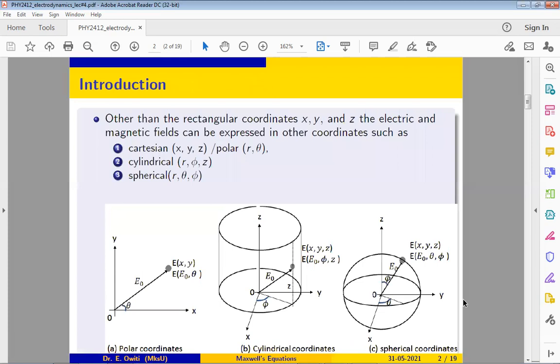So first, like we've said, other than the Cartesian coordinates, we have other coordinate systems which can be used in calculations involving Maxwell's equations or any other form of calculations that require some coordinate systems.